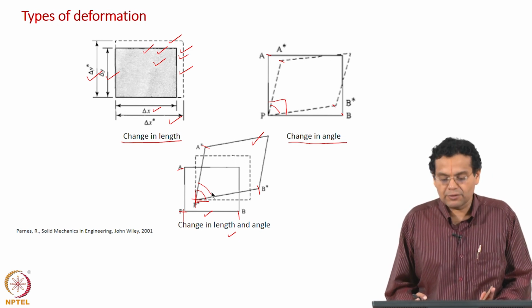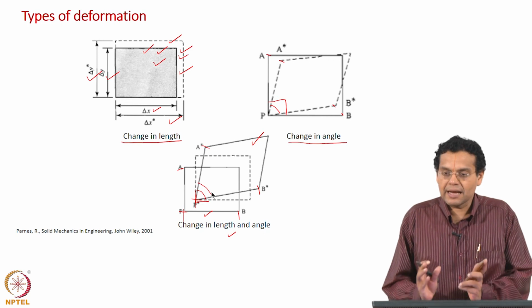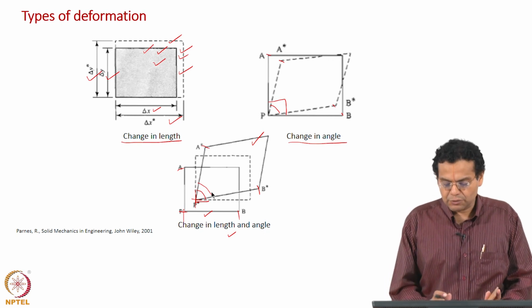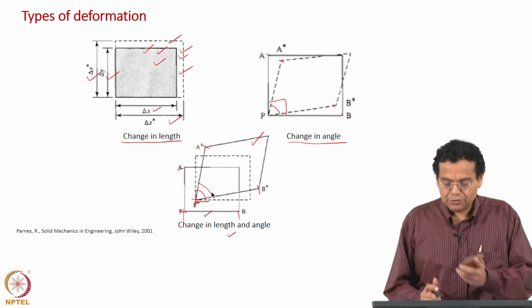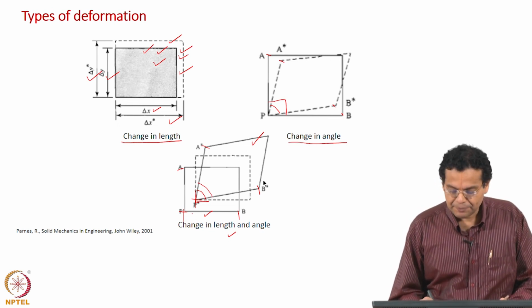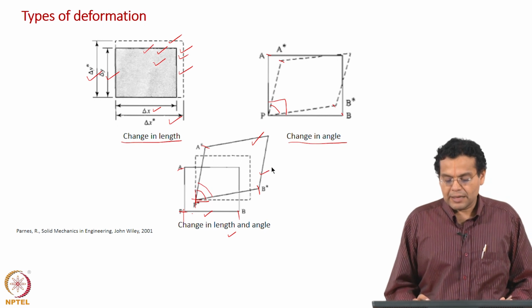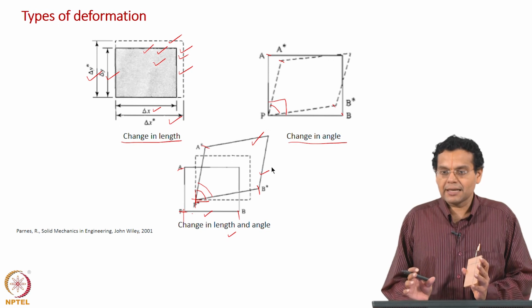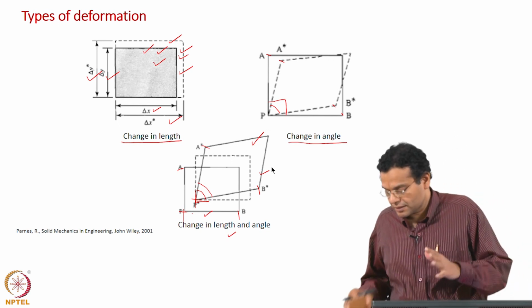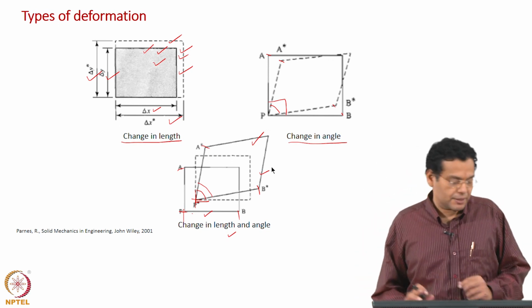In general you will have both. There is one more thing shown here: the plate has moved. The original plate is here, it has moved here, and we will discuss that later. Right now we just focus on change in length, change in angle, and both can happen together, and we call this deformation.